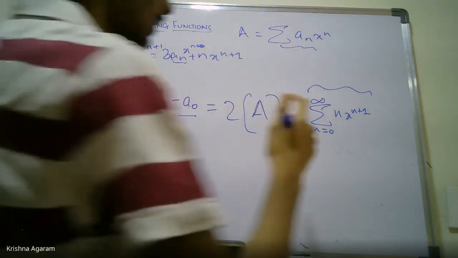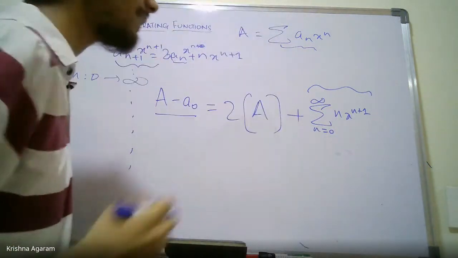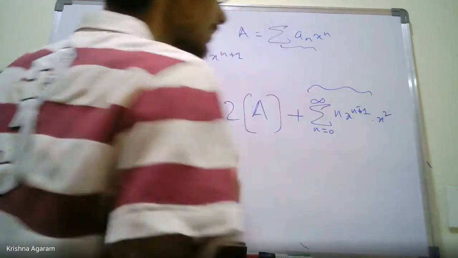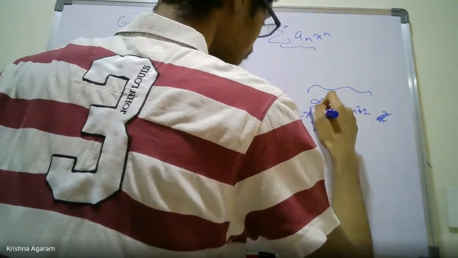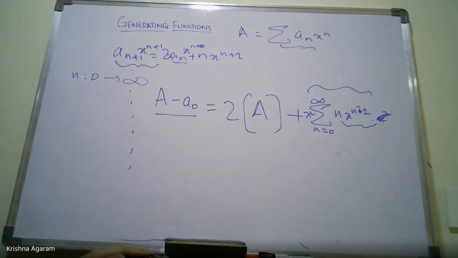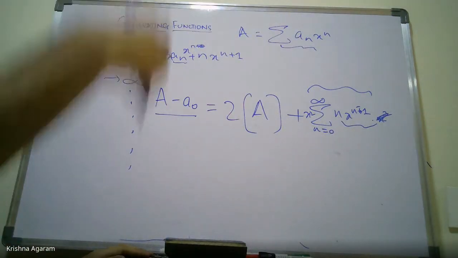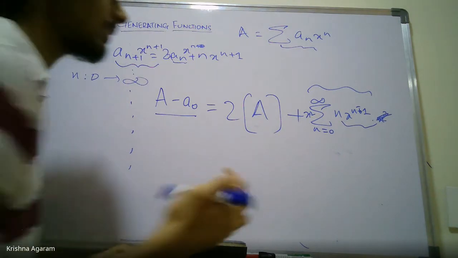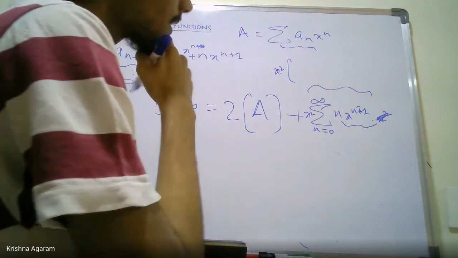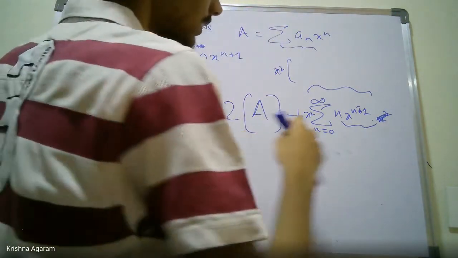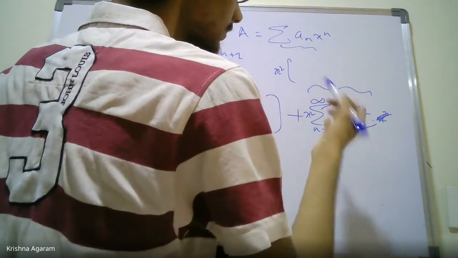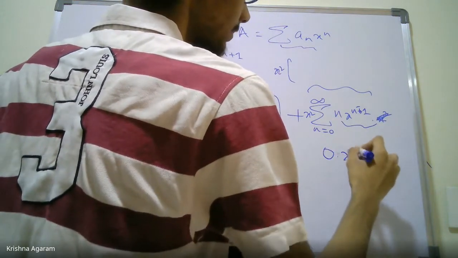So now this is actually easy to find. Write this as this into x squared, move the x squared out, so it looks like derivatives. That's how you usually handle n in front of x to the n and so on. The n equals 0 term is just 0 times x to the power 1, so that's 0.